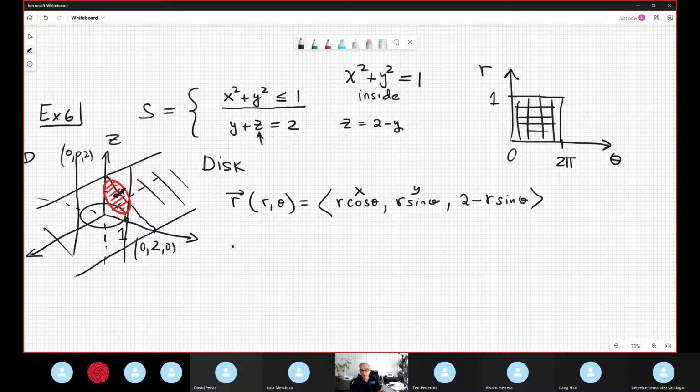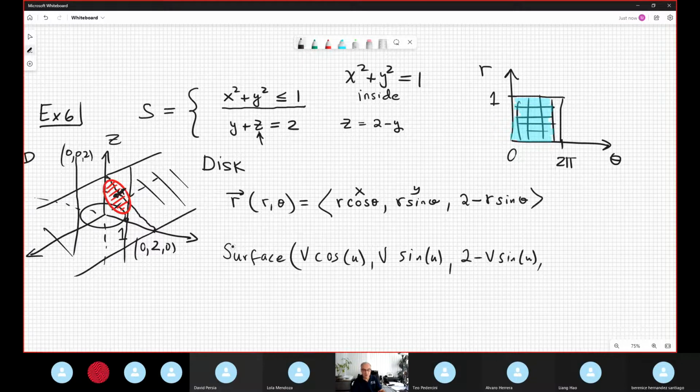This is my domain in the parameters r and theta, and in GeoGebra you write surface, parentheses, the x component that I want to call b cosine u, comma, the y component would be b sine u, and the z component is 2 minus b sine u, comma.